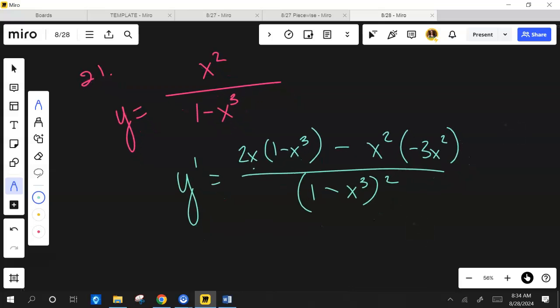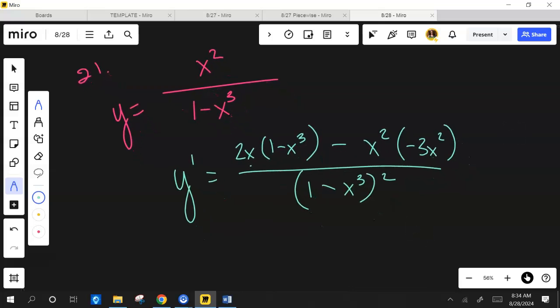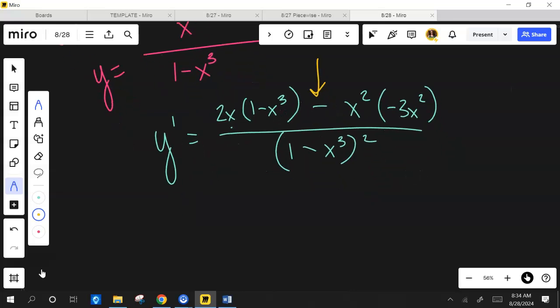I wouldn't FOIL the bottom. When you are in completely factored form, remember how in pre-cal we talked about completely factored form means every plus or minus is enclosed inside a parenthesis? And I've got this that's sitting out here. I would work on the top maybe to see if it cleaned up a little bit. I wouldn't bother the bottom.